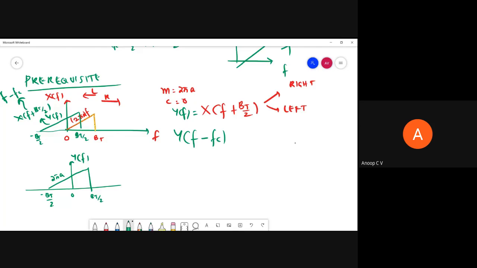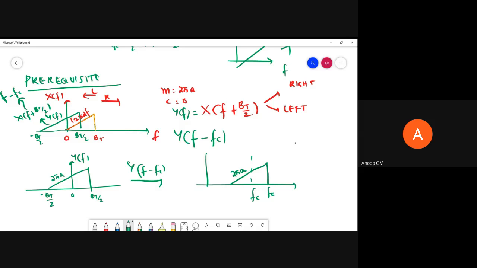Now if this is y of f, what will be y of f minus fc? As it is f minus fc, this entire thing will be shifted right by an amount fc. So if this is fc, this will be our shape, slope is 2 pi a.